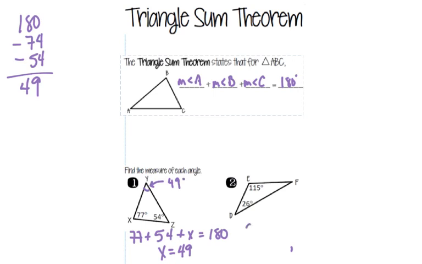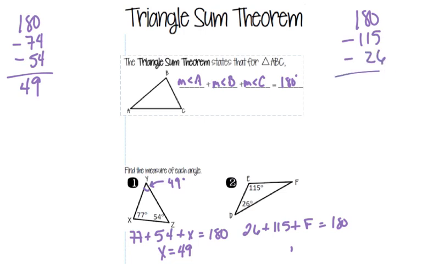The same thing for this one, 26 plus 115 plus f, it's angle f, equals 180 degrees. Again, you can solve this like an equation, or you can do 180 minus 115 minus 26, and you'll get 39. So here f would equal 39. So this angle here would equal 39 degrees.